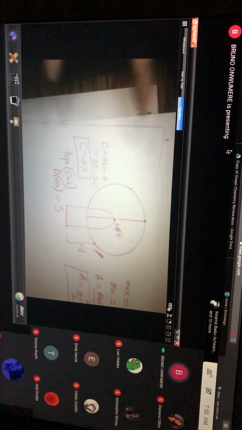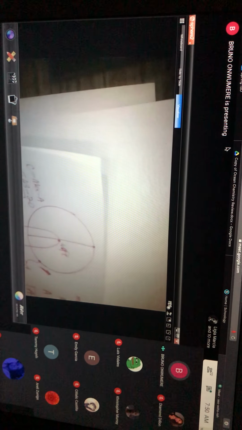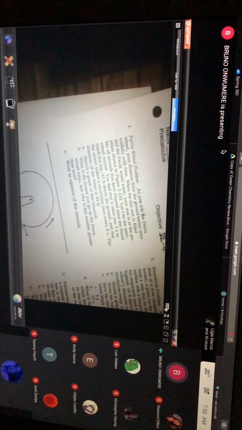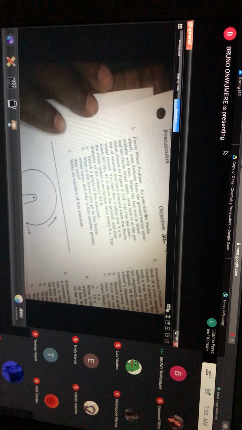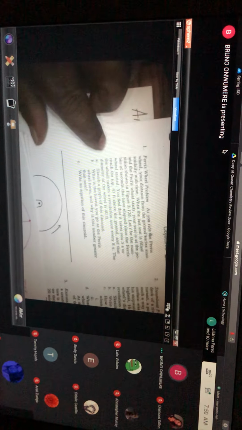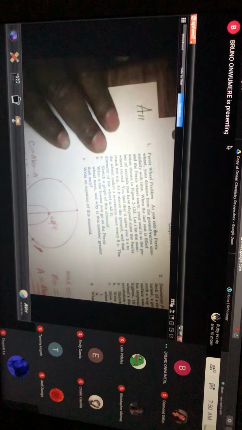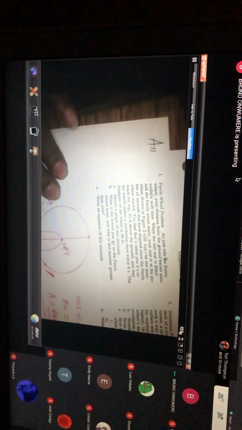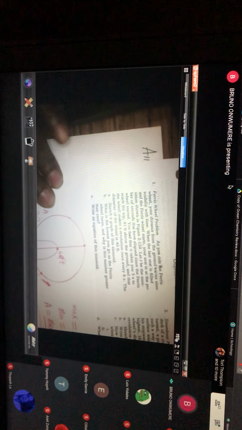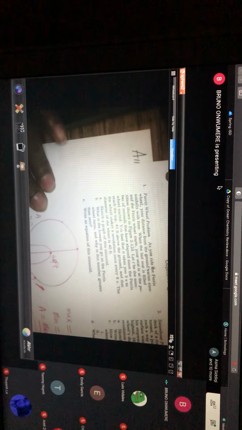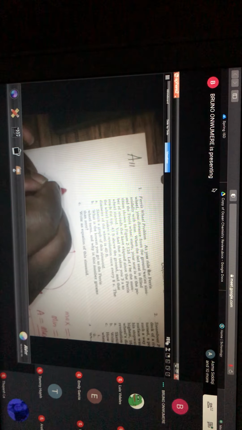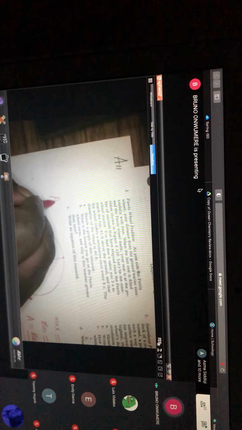Now what else do I have? Everybody take a look at another sentence that was made here. It says the wheel makes a revolution once every 8 seconds. It makes one period, one circle every 8 seconds. That means that our period is what? Period is equal to 8 seconds.